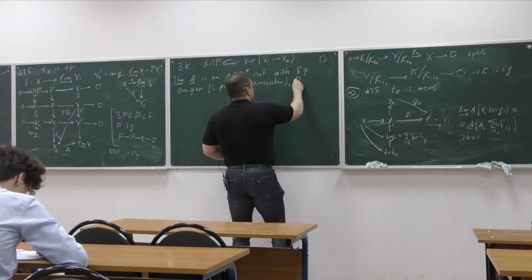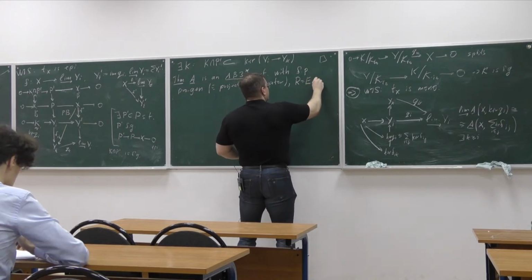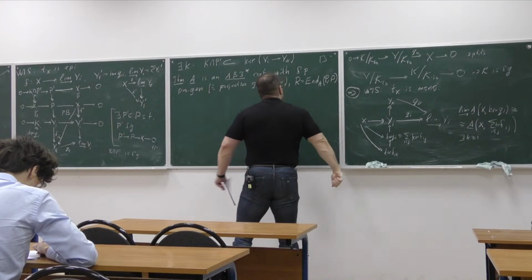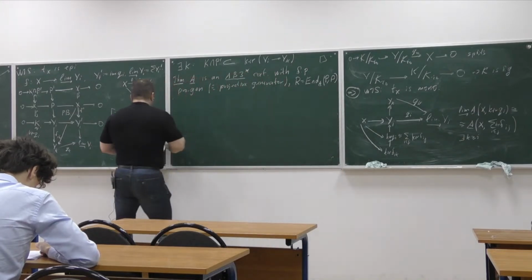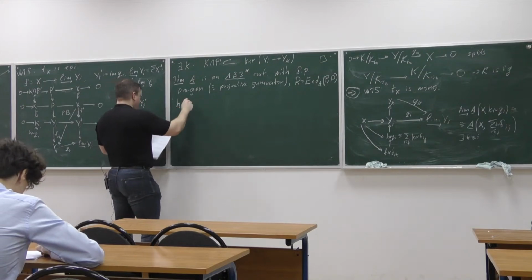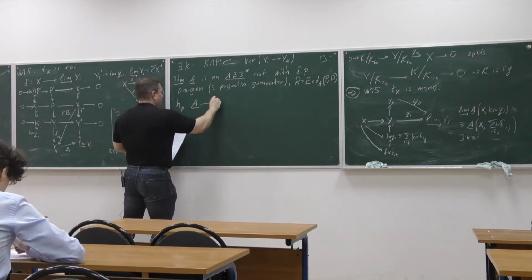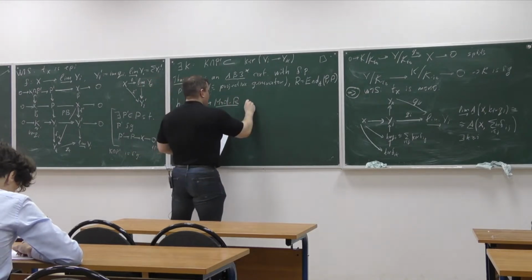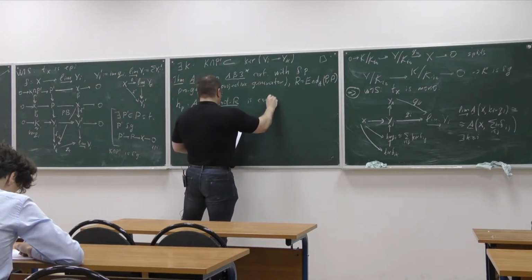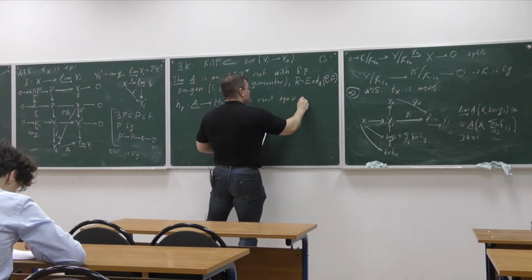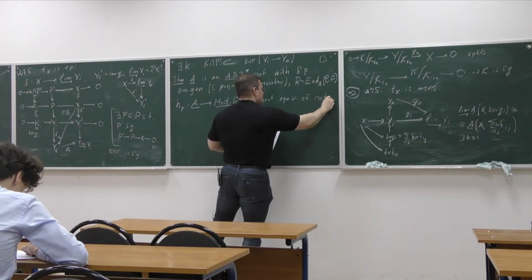So let's say that R is the endomorphism ring in the category A for this projective generator, the pro-generator. And then the functor H sub P from A to the right R-modules is an exact equivalence of categories.